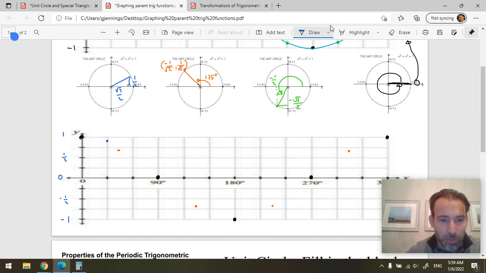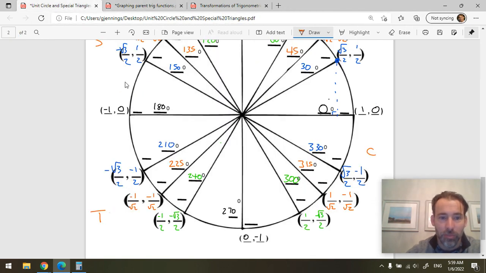So that's there. And then we have another 30 degree that happens over here. This is 180 minus 30. So that's there. And then 180 plus 30. And then we have 360 minus 30 over here. So there's all of our blue points that we got from the unit circle.